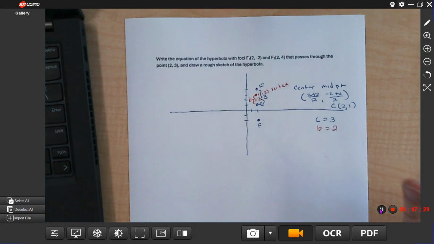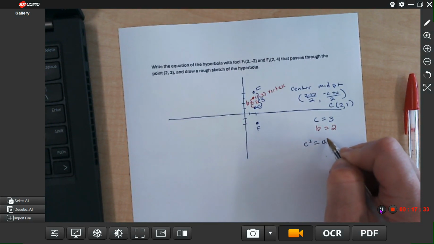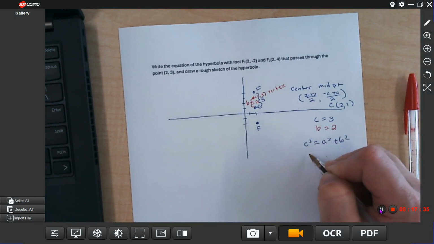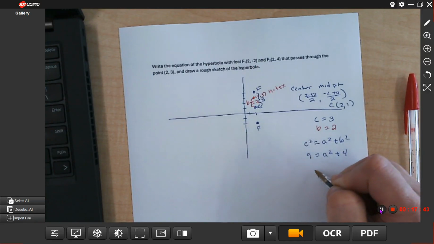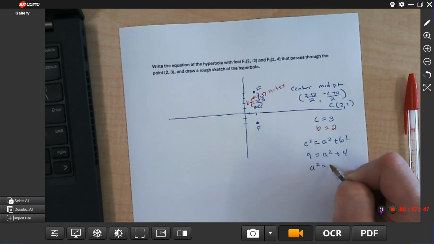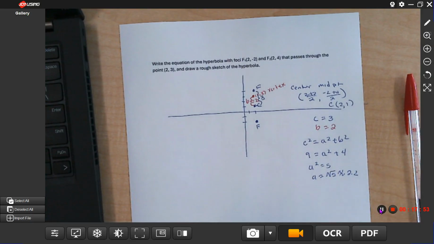Now we have enough information to calculate A. So C squared equals A squared plus B squared. So C squared is 9, A squared I don't know, and B squared is 4. So that tells me that A squared is 5, so A is the square root of 5, which is approximately 2.2, because I'm going to have to make a rough sketch later.